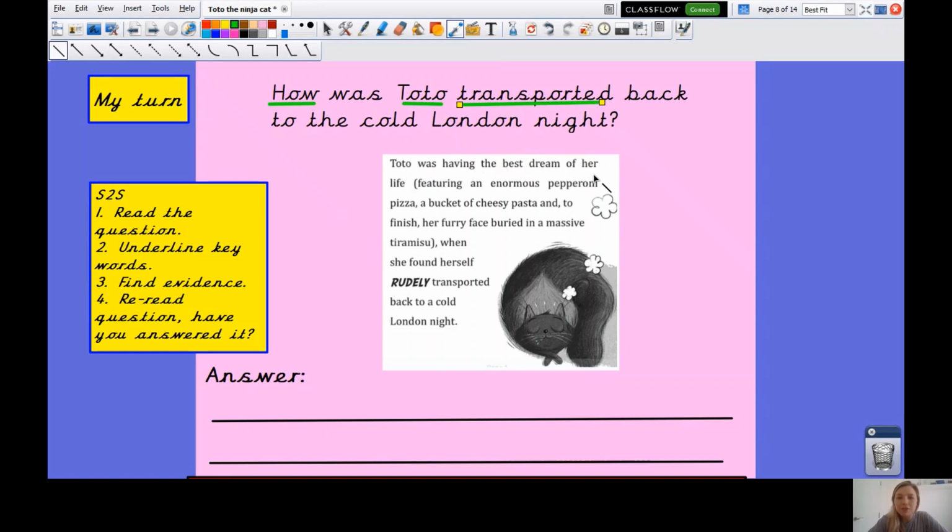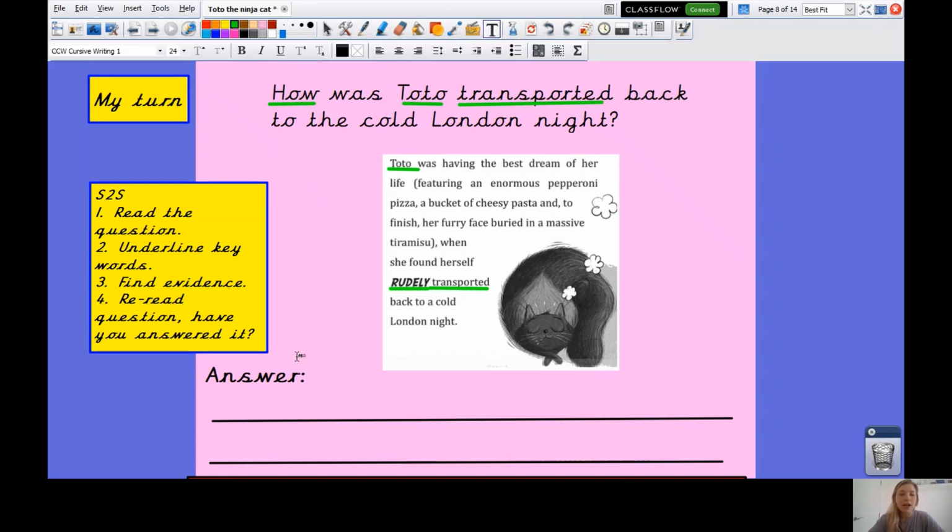Toto was having the best dream of her life, featuring an enormous pepperoni pizza, a bucket of cheesy pasta, and to finish, her fairy face buried in a massive tiramisu, when she found herself rudely transported, there's a key word, back to the cold London night. That's also in my question. My question's asking me how Toto was transported, and I know this is all talking about Toto. She was rudely transported. That is the description, the adjective before the verb of how she was transported.